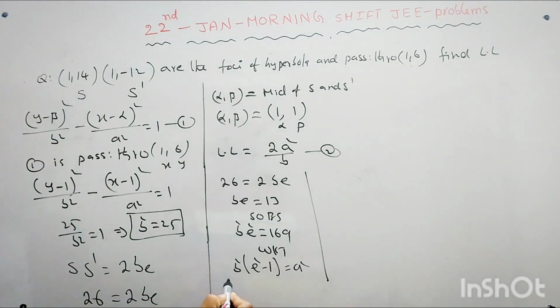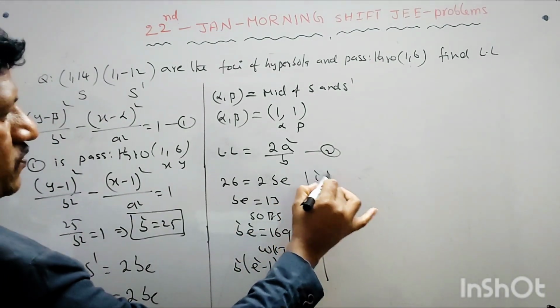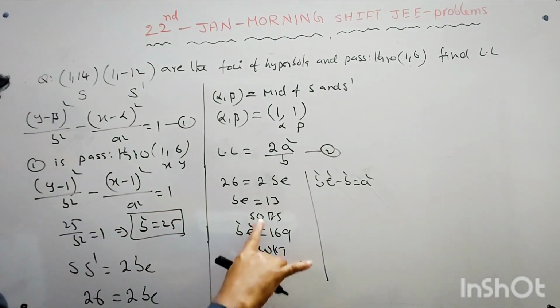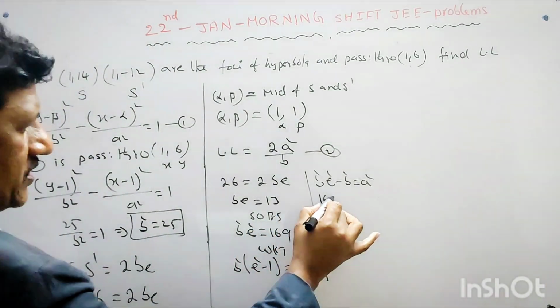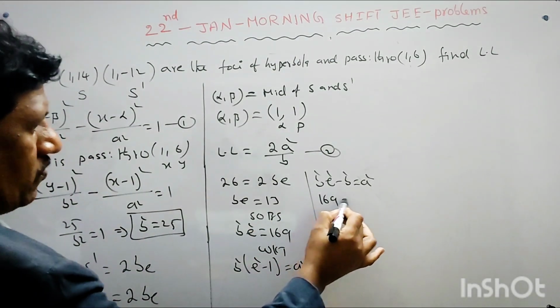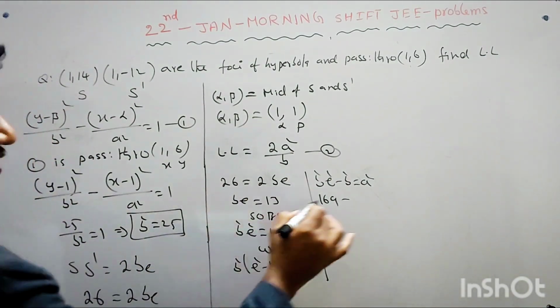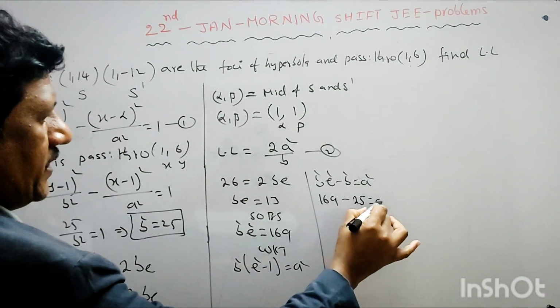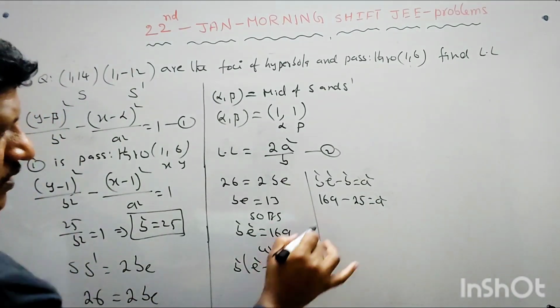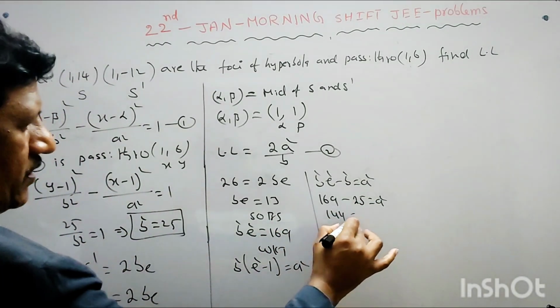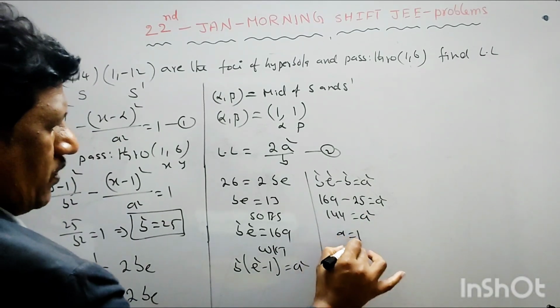Multiply b square inside: b square e square minus b square is equal to a square. The value of b square e square is 169, minus the value of b square, which is 25, is equal to a square. Then 144 is equal to a square. The value of a is 12.